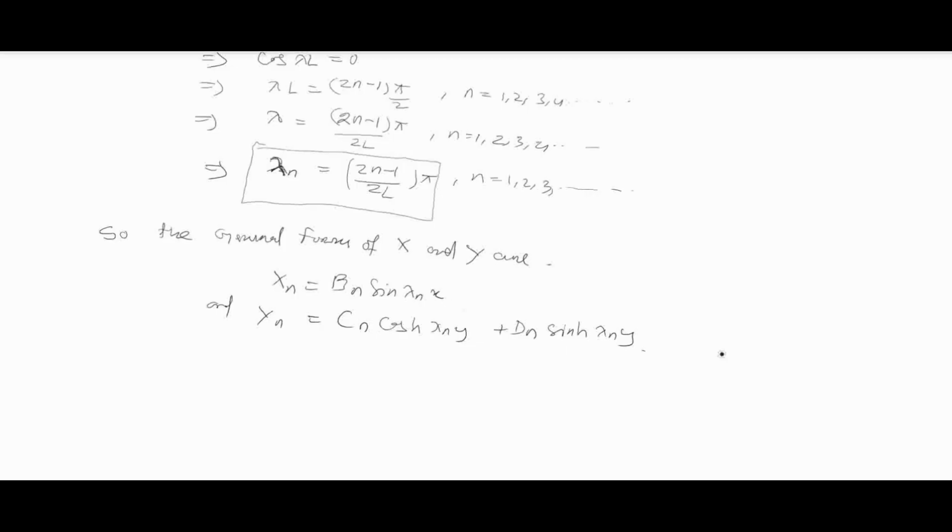Now the general solution Tn(x,y) can be written as this into this.